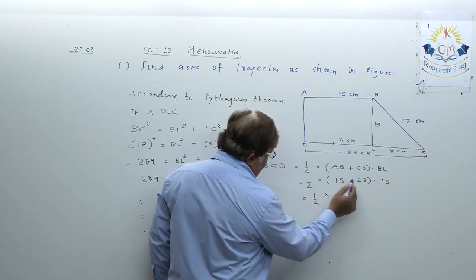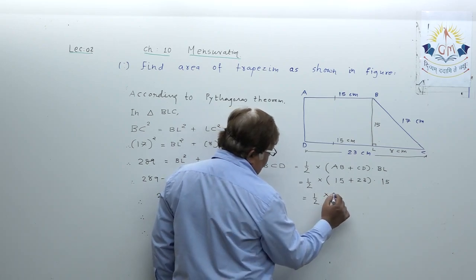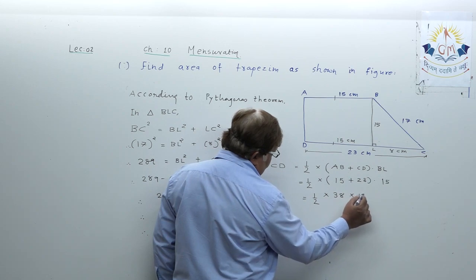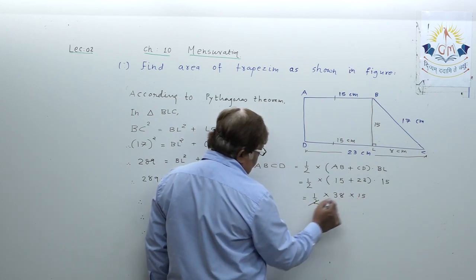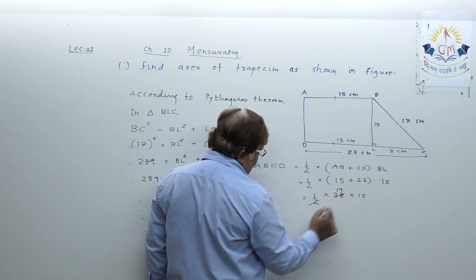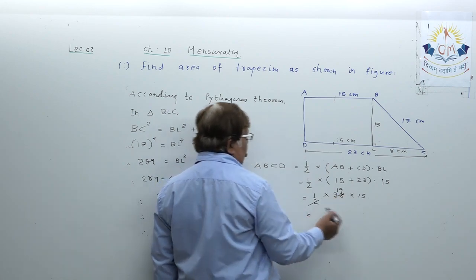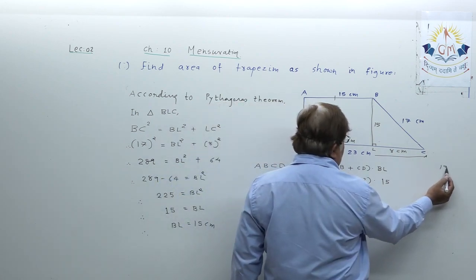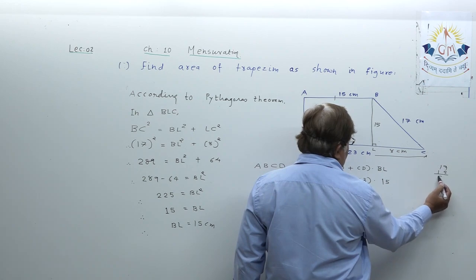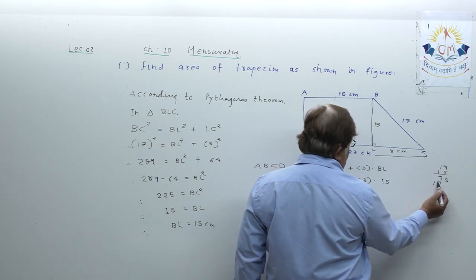Half into 15 plus 23, 38, into 15. Just cancel this. Now simply multiply this. Okay.